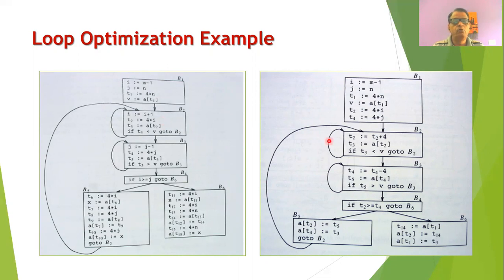So you are able to remove the statement out of the loop, and therefore the number of statements in the block B2 will remain only 3. Also in the block B3, you will find that the number of statements will remain only 3.